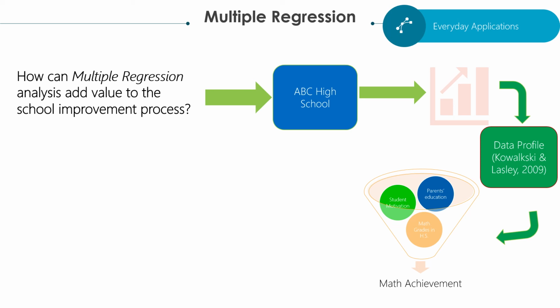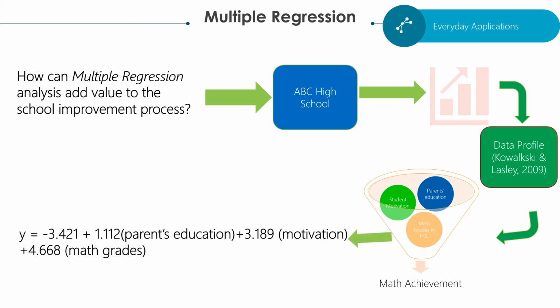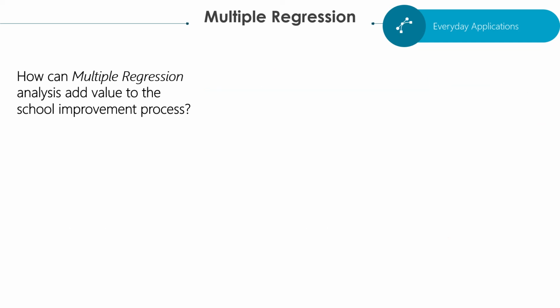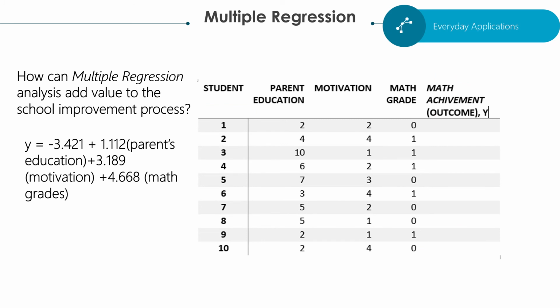Using the available data from the previous year, you run a multiple regression analysis to produce this prediction model. Using this model and student information, you are now able to estimate or project scores for each student.